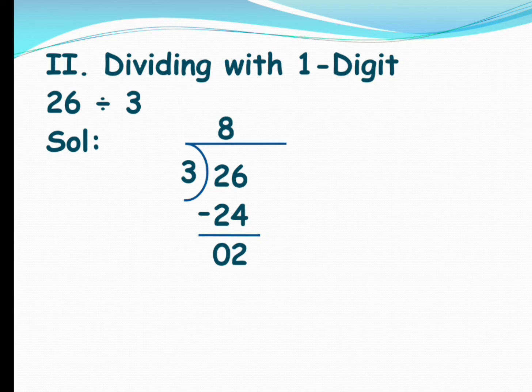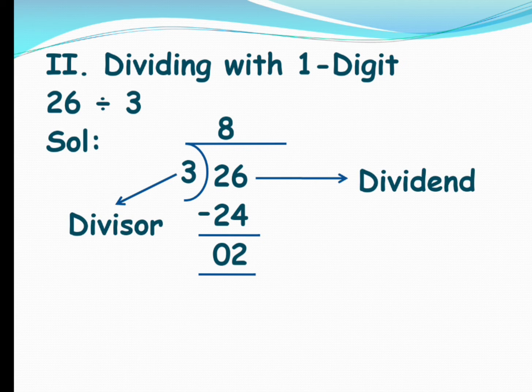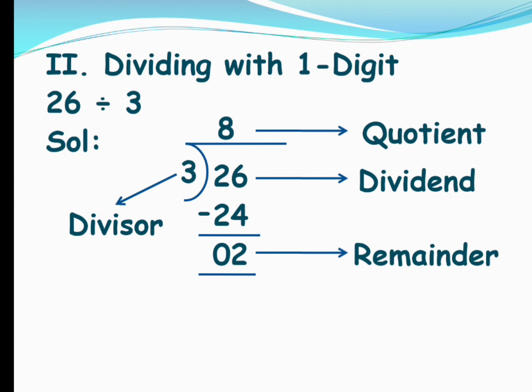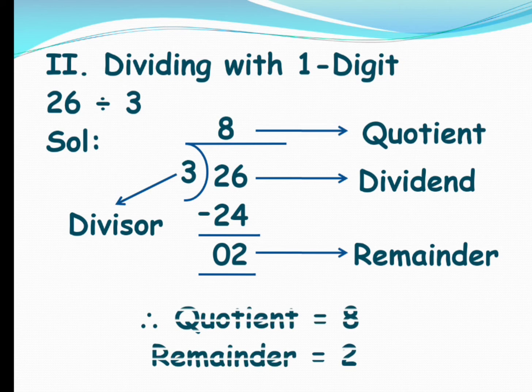So in that way you need to divide. So 8 becomes your quotient and 2 becomes your remainder. Now in this sum, 3 is your divisor, 26 is your dividend, 8 is your quotient, and 2 is your remainder. Okay, children. So finally what you will write? Therefore quotient is equal to 8 and remainder is equal to 2.